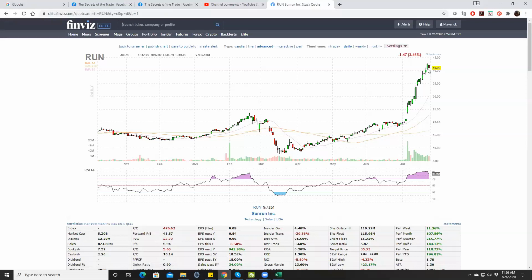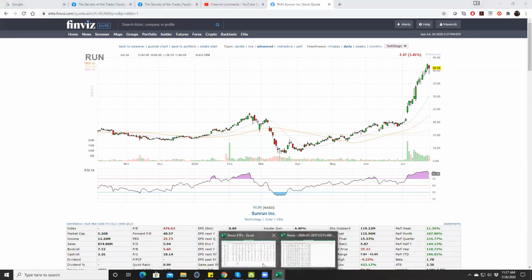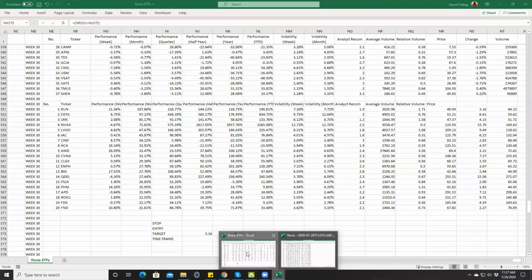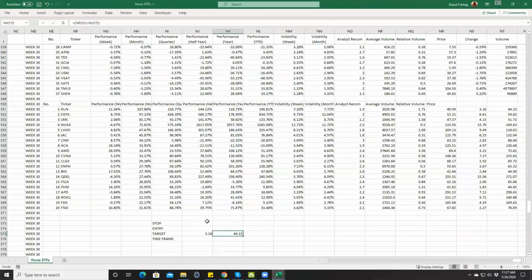If it goes below the bottom of this candle, then I want to make sure that I get out of the stock. So let's see, the open, high, low is 38.74. So if it drops to 38.50, then I want to be out of that position. So 38.50.